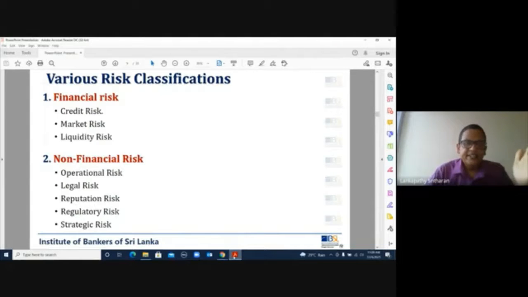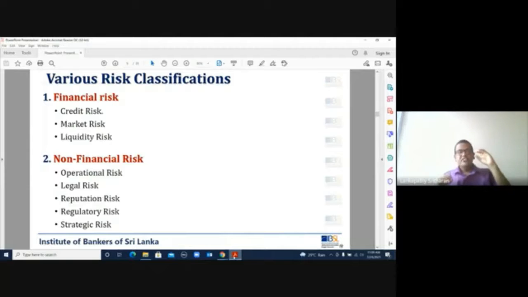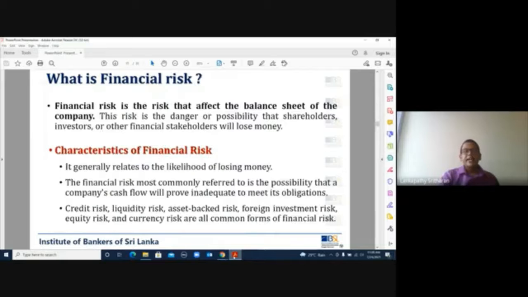In risk identification, I have mentioned to you all that several risks could be involved, and that risk could be discussed. Actually, there are main categories of risk classification. The first one is financial risk. The second one is non-financial risk. What is financial risk?